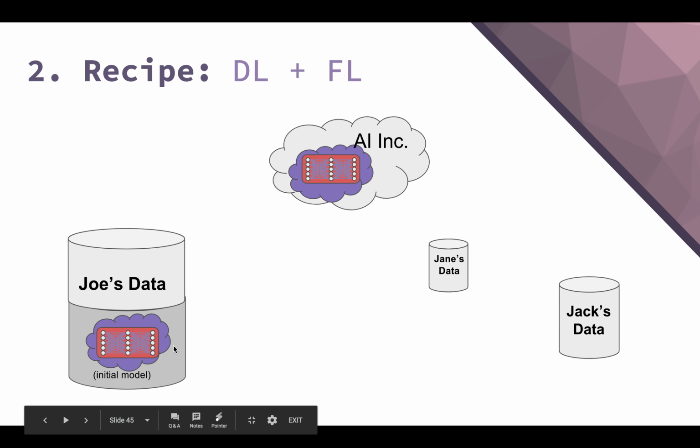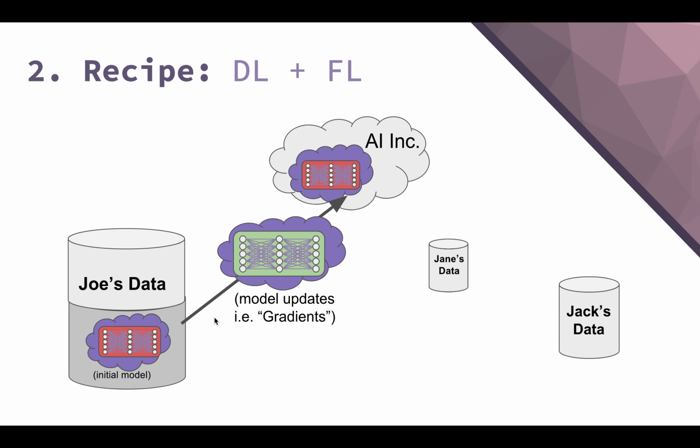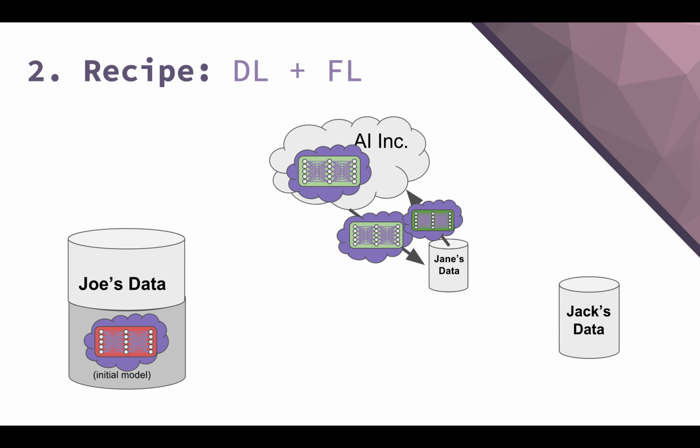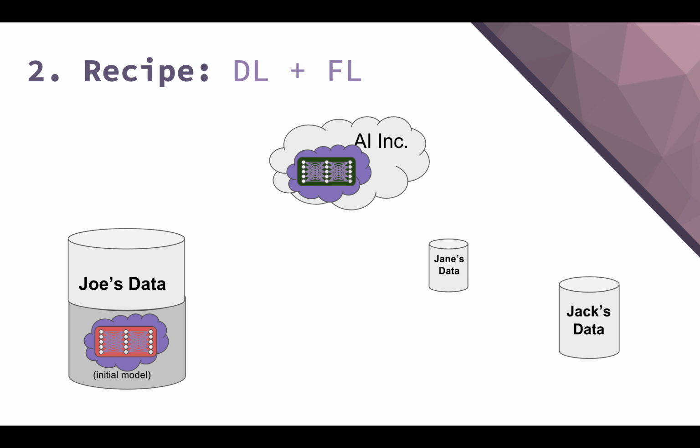Joe now cannot see what the model is doing because it is wrapped in homomorphic encryption. But Joe can train the model, and the training process works the same way as before, except that the model is passed back and forth in an encrypted fashion. So we'll rinse and repeat this cycle, and the model comes out very smart again at the end.